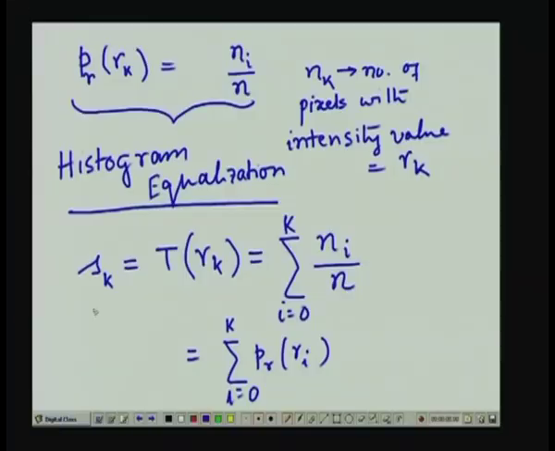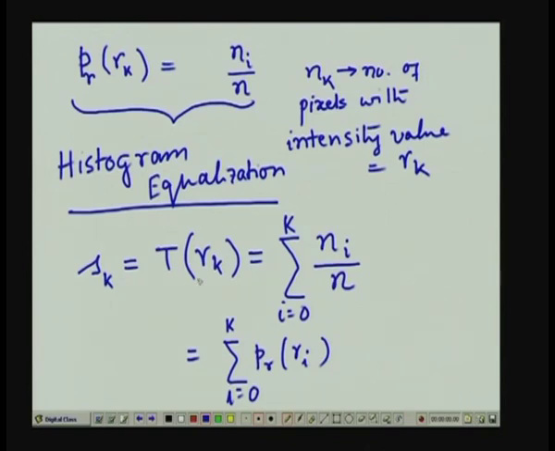Now, because the histogram defined, p_r(r_k) equal to n_i by n, is a normalized histogram, every value of p_r(r_k) will be within the range 0 to 1.